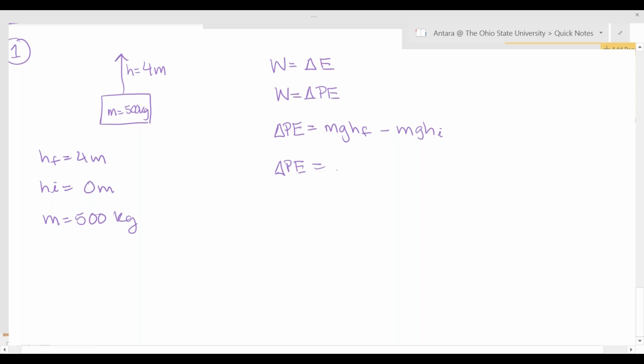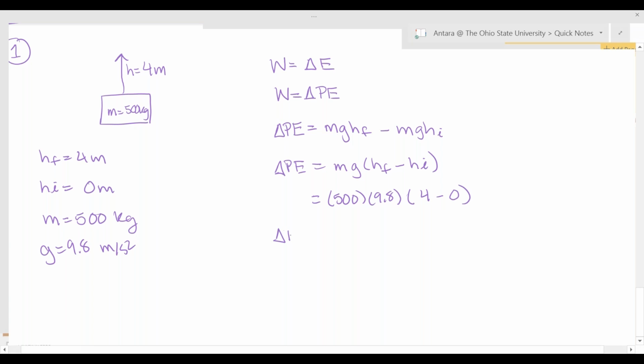So we can actually bring out the mass and gravitational acceleration to make it easier. So 500, and we know that g is equal to 9.8 meters per second squared. And the final is 4 minus 0.